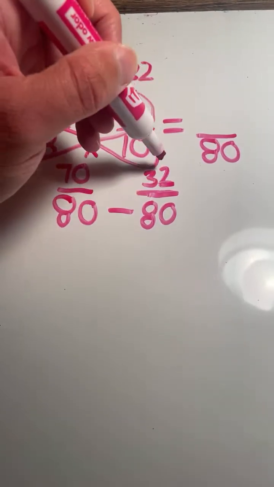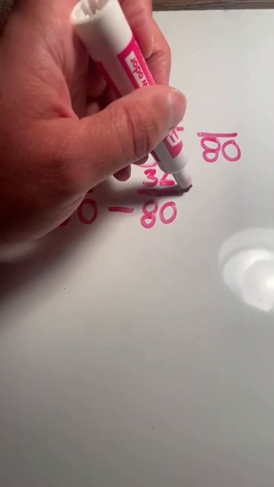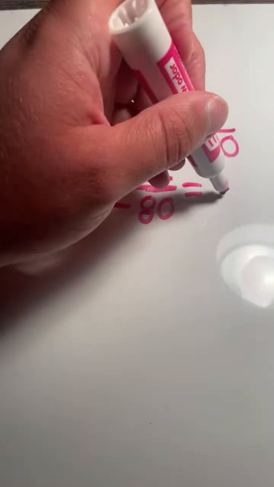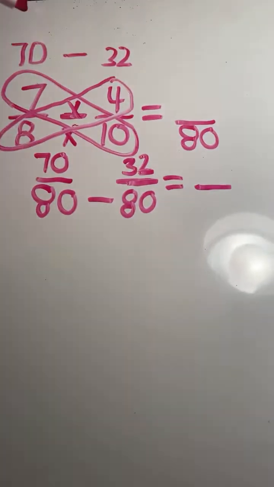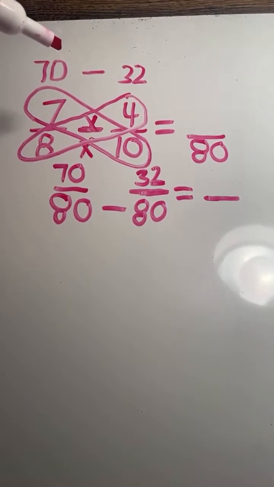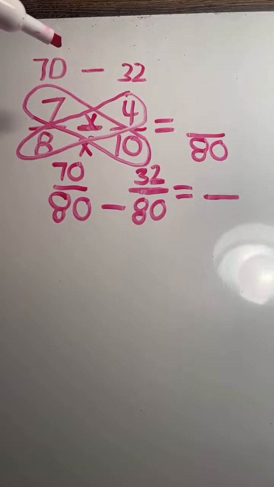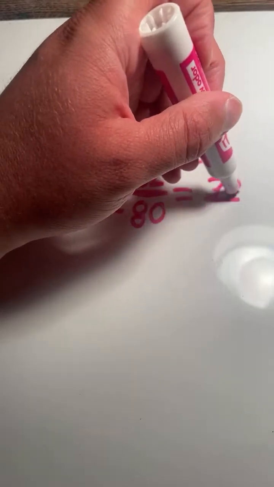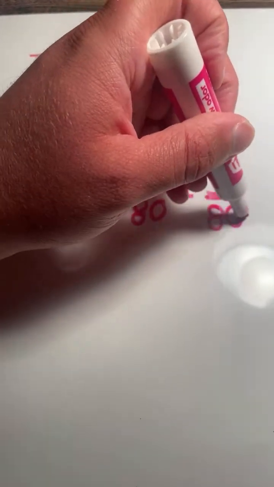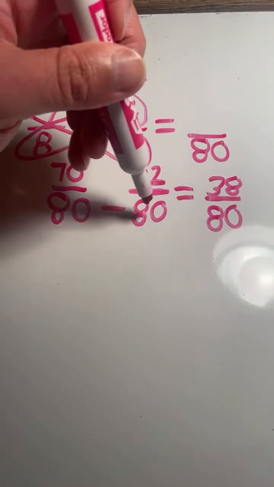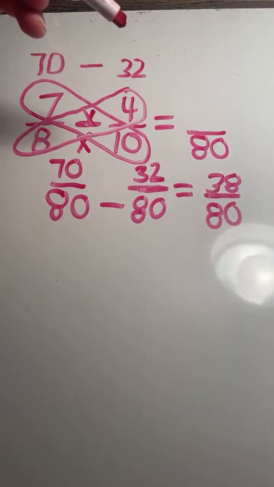And now we are ready to subtract. 70 minus 32 equals 38. Now that we have a common denominator, it would stay the same in our answer.